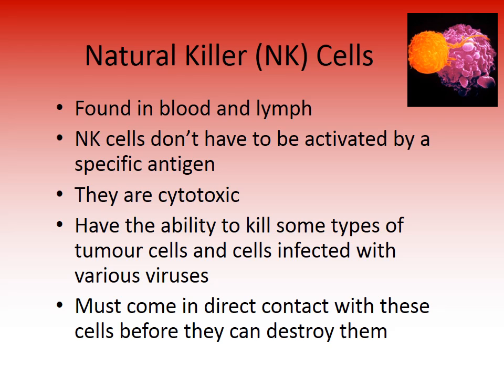They have the ability to kill some types of tumor cells and cells infected with various viruses. They must come into direct contact with these cells before they can destroy them. So if a natural killer cell is going to be killing a certain type of tumor cell, it must come in contact with it.